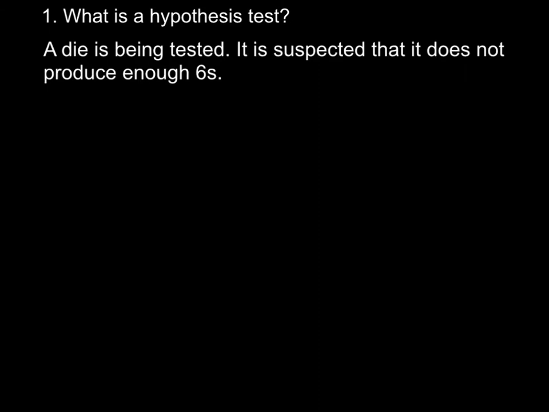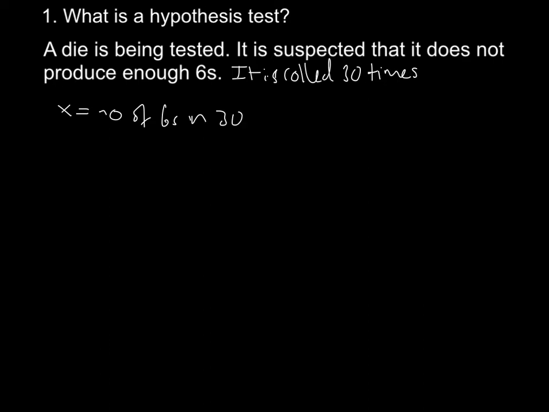Well, if we're testing a six-sided dice, we can say that X is the number of sixes. Let's say it's rolled 30 times, so we're going to test the dice by rolling it 30 times. We can say that X is the number of sixes in 30 rolls.